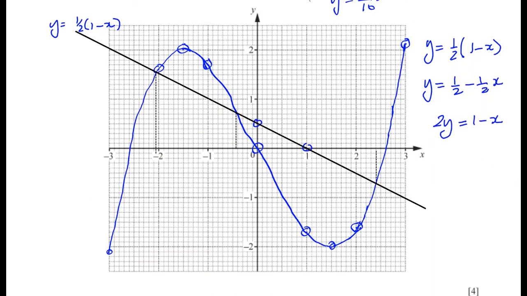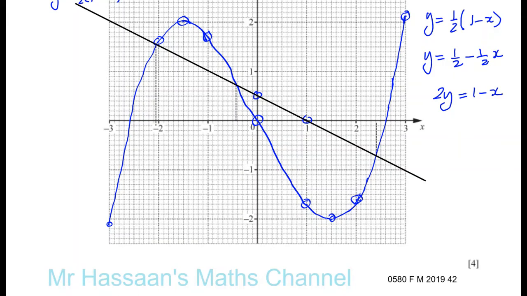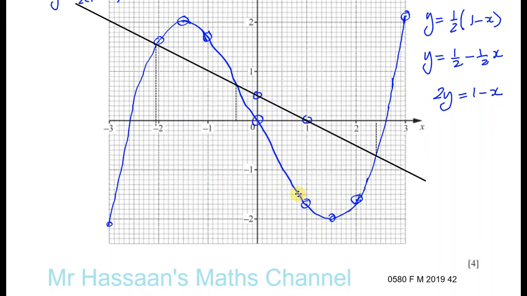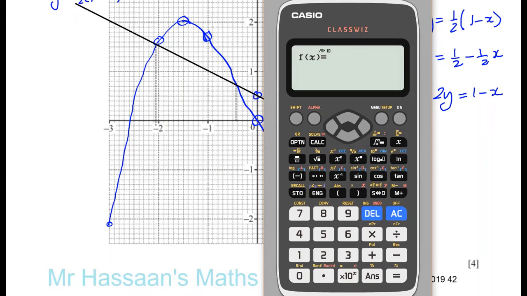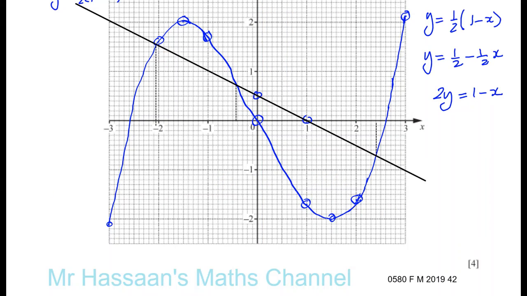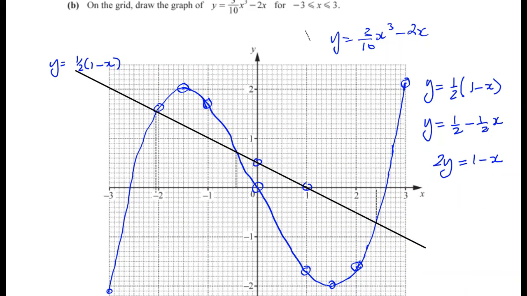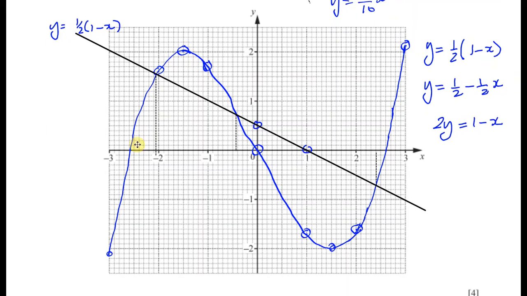But what I'm going to do now is I'm going to show you a method. Well, actually, it's not really worth doing that, to be honest. It will be a bit too much. So I'm just going to write down the answers. The answers are this point here, which is about 2.4.